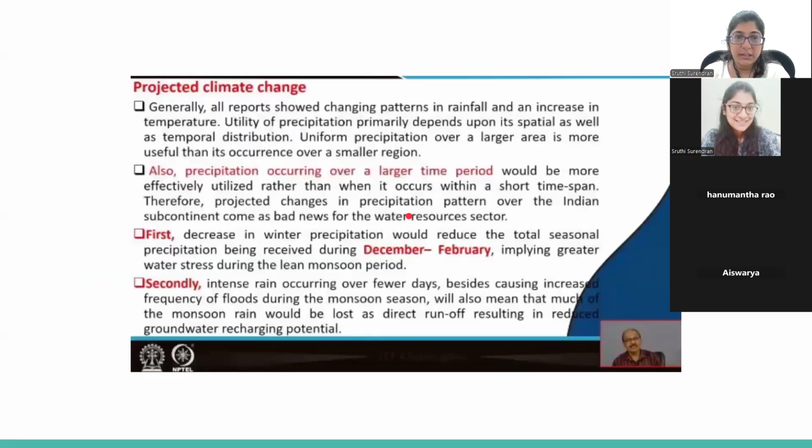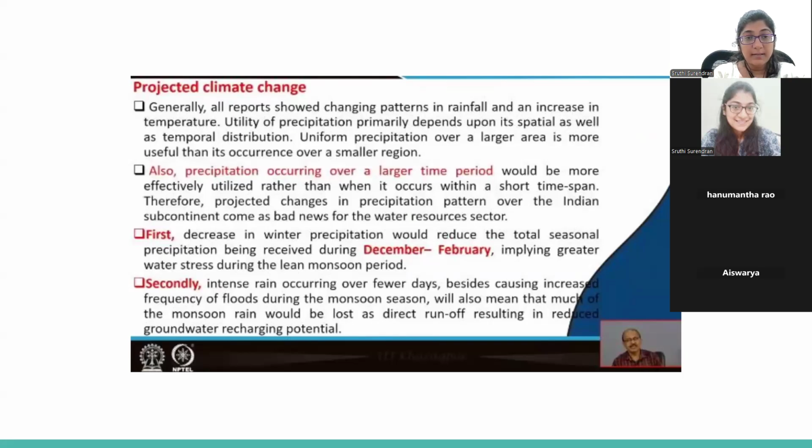So, what is projected climate change? We know historically how the pattern of rainfall has been, and we also know in the last 10 or 20 years how the pattern has been. So, based on all this historical data, we develop models or methods or equations to predict what will be the amount of precipitation in the future. This is the predicted condition due to projected climate change.